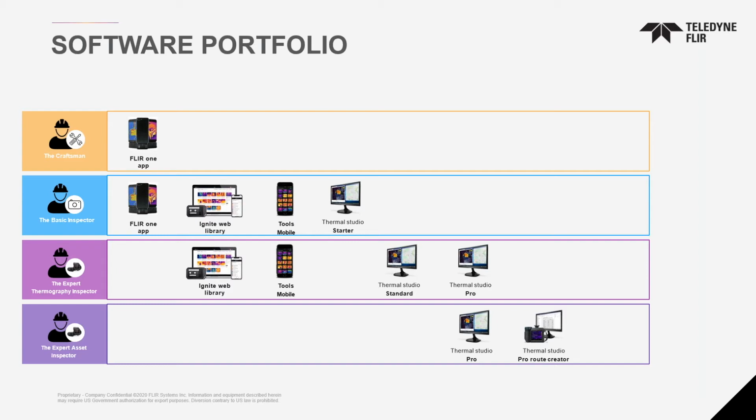And then the expert asset inspector, this is somebody that's going to go out, maybe they have a route or regular interval inspection of assets that they're going to do. And they're going through hundreds or 150, 200 different images a day. They're definitely going to want to take that back to the computer and use all of the efficiencies of our Thermal Studio Pro and our Thermal Studio Pro Route Creator.